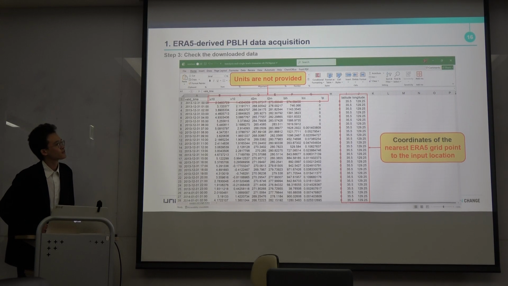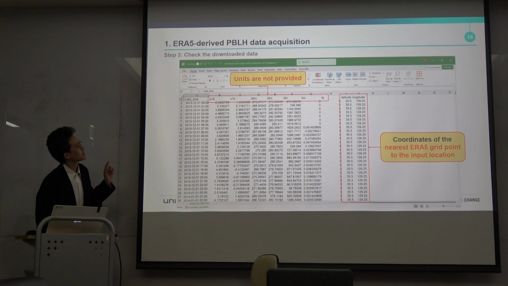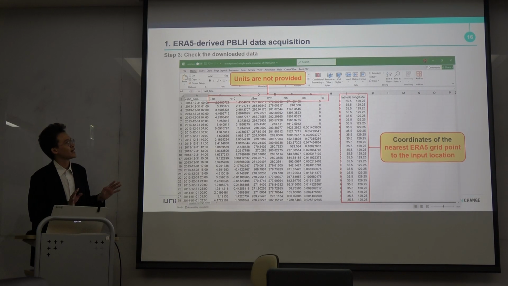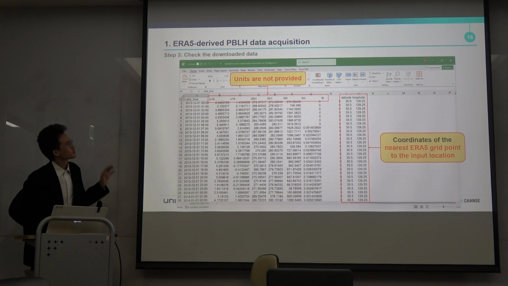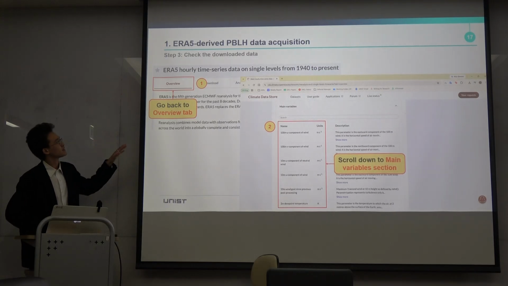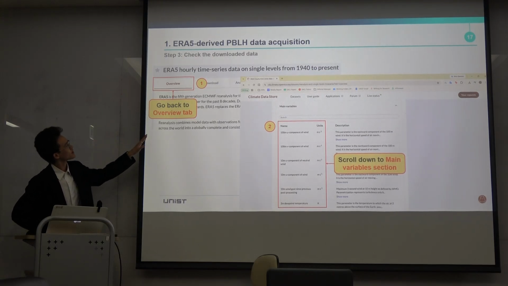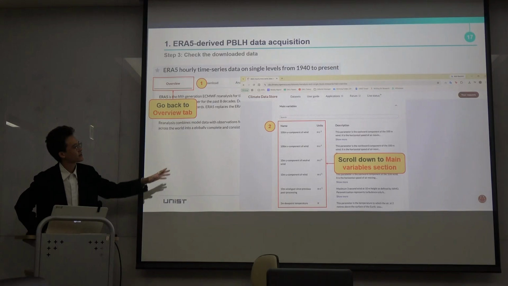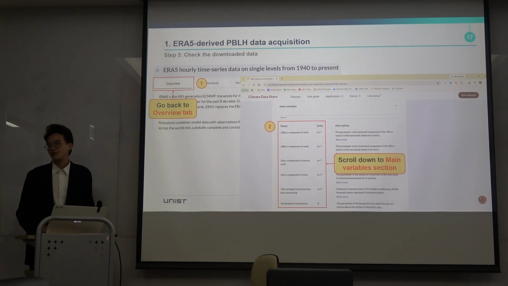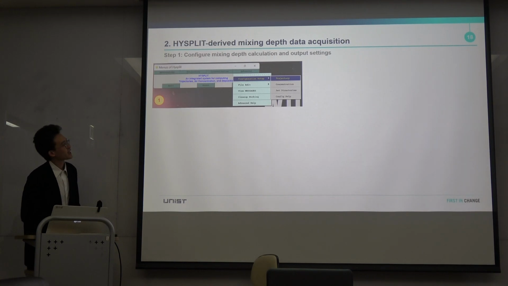And one more thing we need to pay attention to is that the meteorological data did not provide any units with it. So to check this, we can go back to the data set overview tab, and after we scroll down, we can find the main variables. We can check all the units for the meteorological variables.